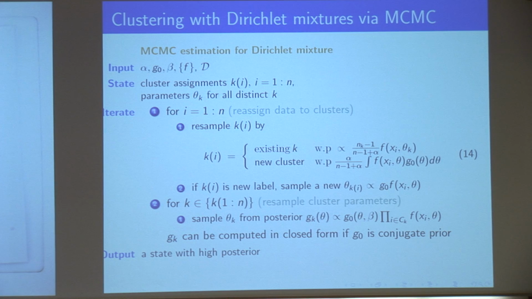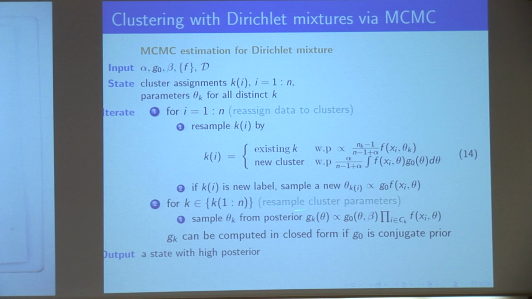So it's a random process. And if I actually create a new cluster, I have to get some parameters for it. The parameters are not directly from the prior, but from the prior multiplied with the point, so from the posterior of the thetas given the point. And that's the assignment step.